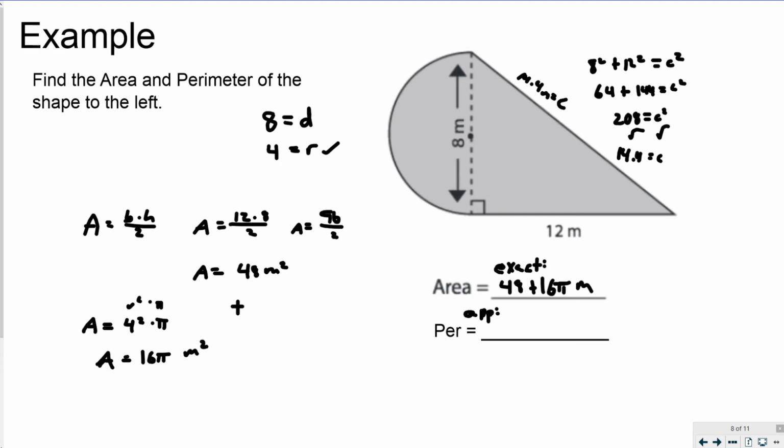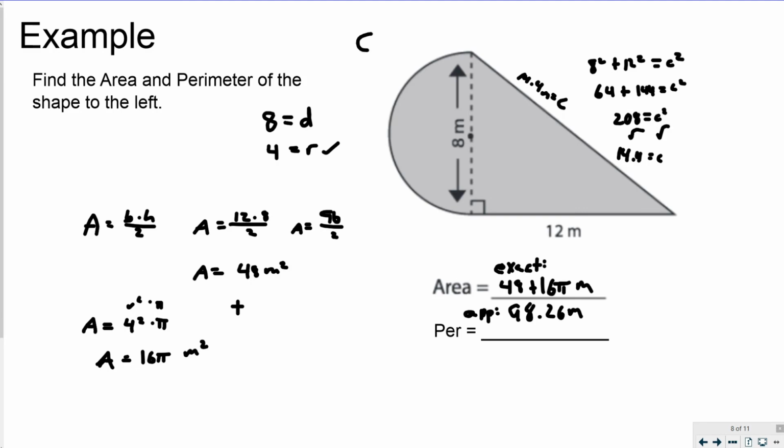Sorry, I'm having a brain fart there, guys. So if you do 16 pi, you get 50.265, and then you add 48 to it, and you get 98.26 meters squared, approximately.